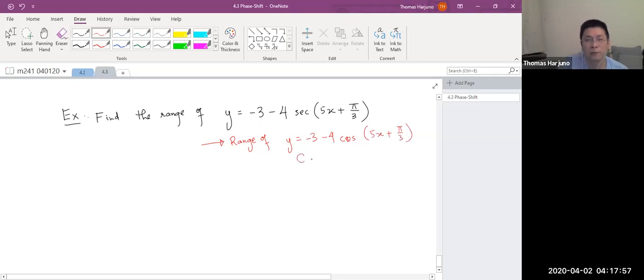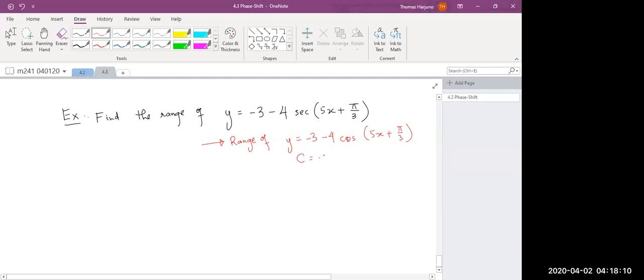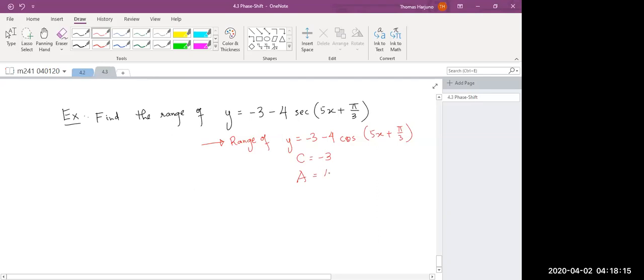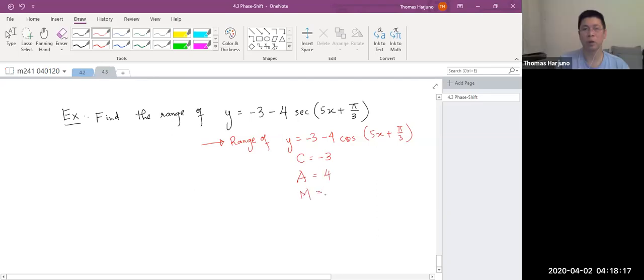What is the center? Negative 3. How about the amplitude? 4. So the maximum is 1. The minimum is negative 7. Therefore, the range is negative 7 up to 1.